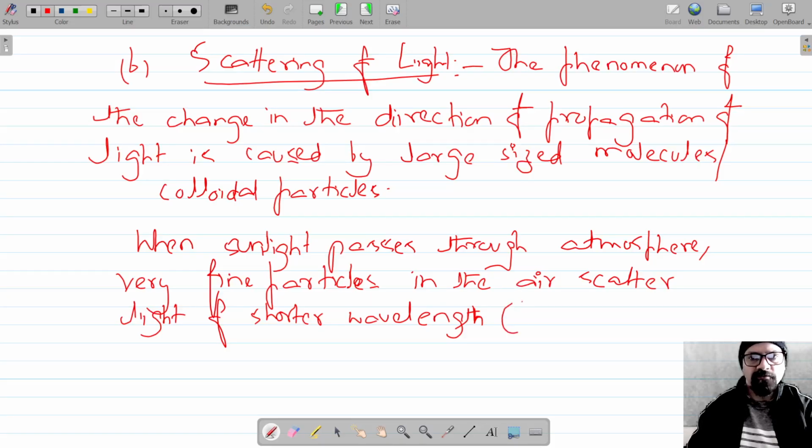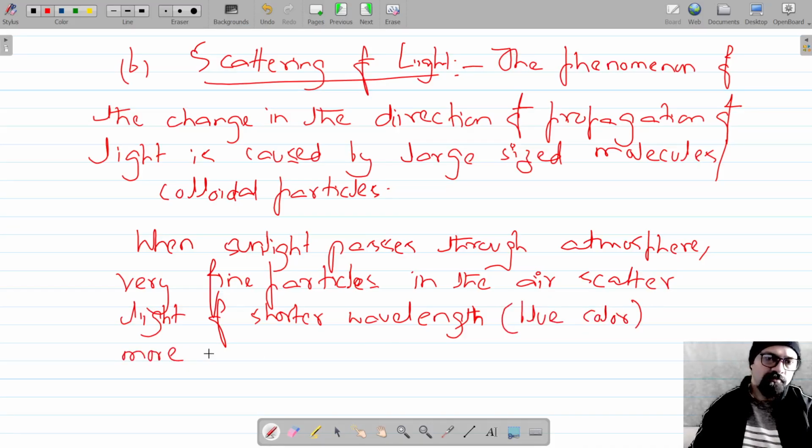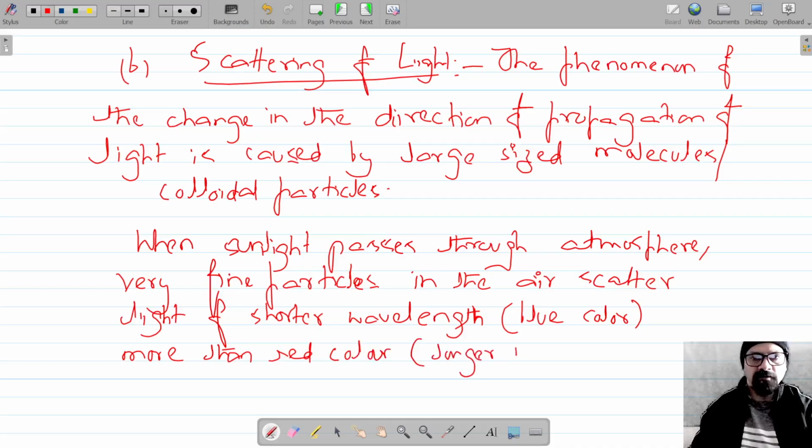So blue is scattered more than the red color, which is of longer wavelength. So this is the reason. Red has longer wavelength. So when sunlight passes through the atmosphere, very fine particles in the air scatter light of shorter wavelength, that is blue color, more than the red color. That is why the sky appears blue.